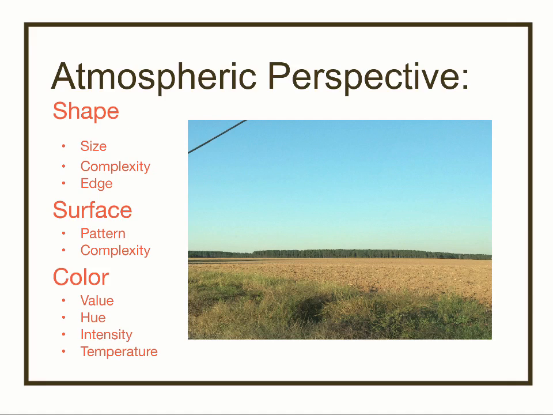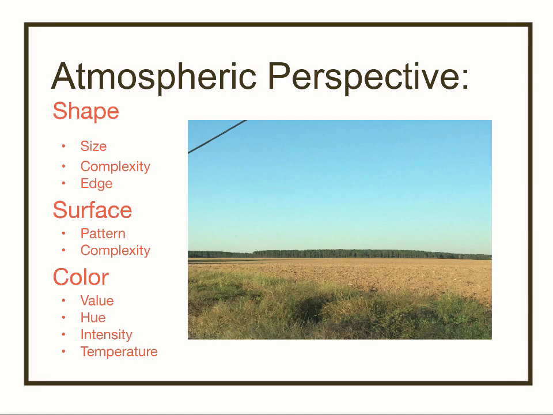Fourth aspect of color is temperature. And like intensity, it has two things that change as you go back into space. You have diminishing contrast, which means that you could have both warm and cool colors in the foreground, but you're going to only have either warm or cool in the background, which leads to the second thing that's going to change. Temperature will shift.